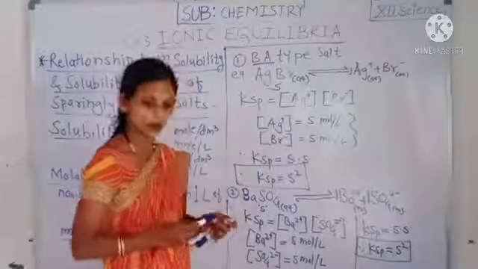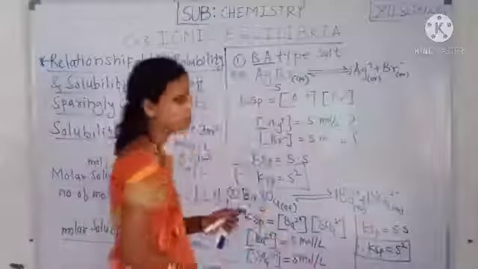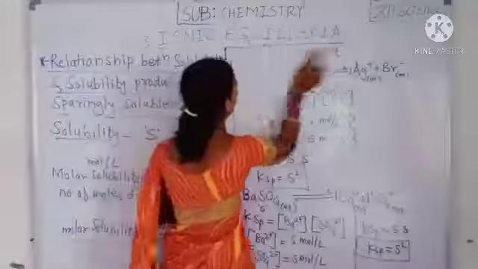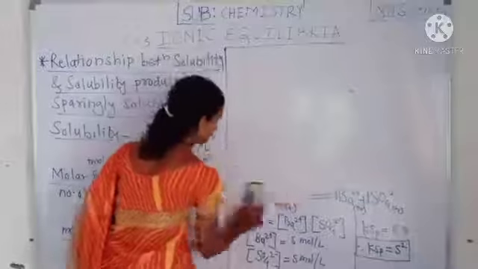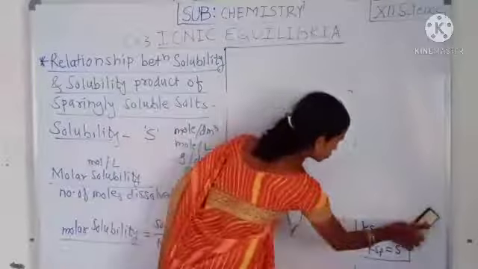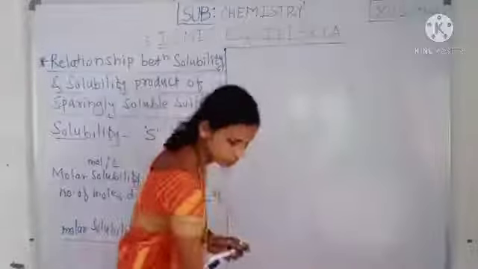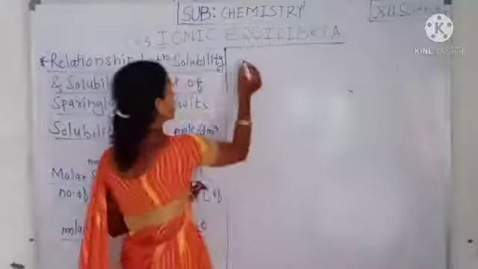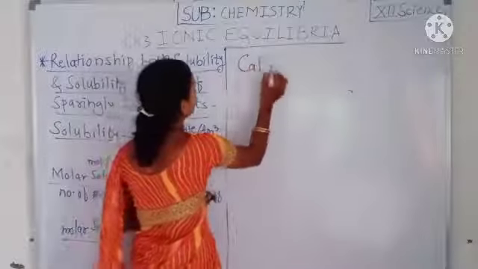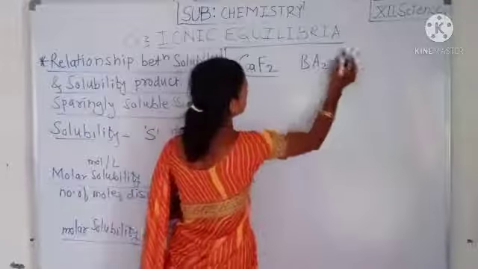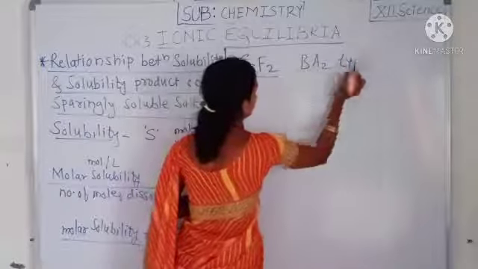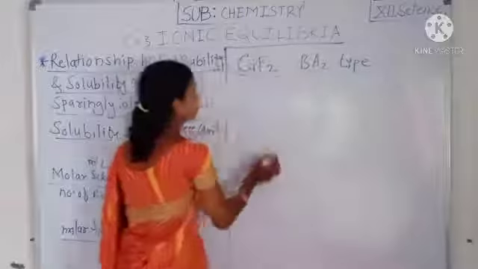Then we will consider one more type of example of a sparingly soluble salt, that is CaF2, a BA2 type of salt.